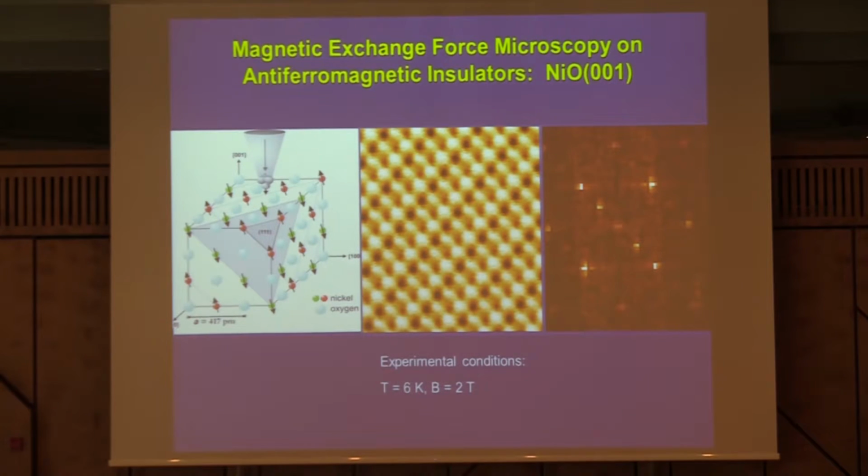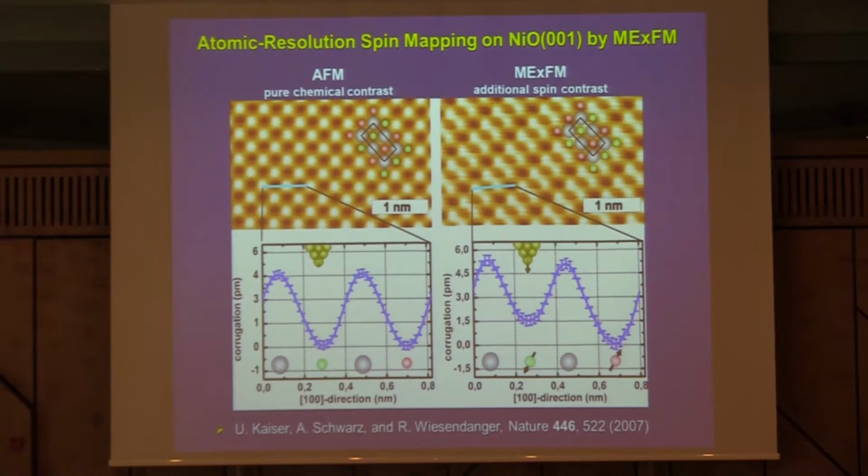And you can compare, like in the case of the manganese monolayer on tungsten 110, what you expect if you have only chemical contrast with conventional non-contact atomic force microscopy, which in this case is sensitive to the oxygen sites primarily. So the bright spots are the oxygen sites. Why? Because we were using metallic coated tips, and metallic coated tips are typically sensitive here to the oxygen sites.